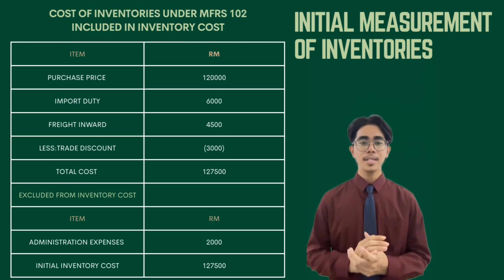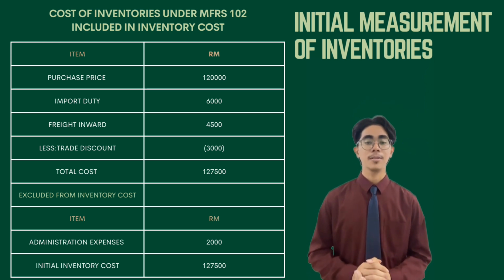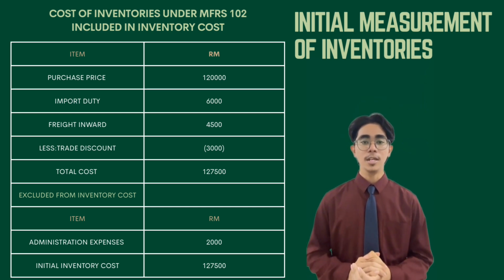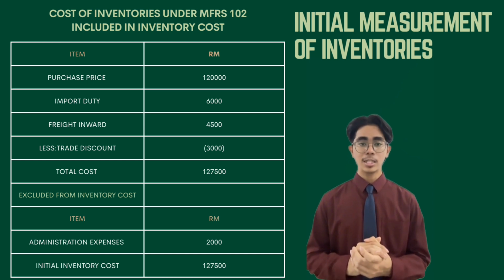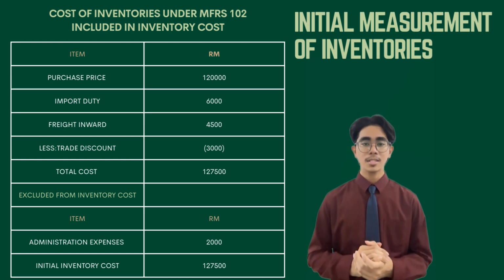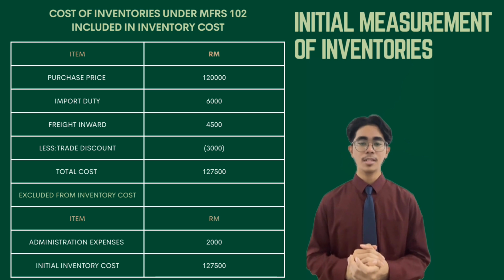However, the company received a trade discount of 3,000. Since the trade discount reduced the actual purchase cost, it must be deducted from inventory cost. The calculation is therefore 120,000 plus 6,000 plus 4,500 minus 3,000. This results in a total inventory cost of 127,500.